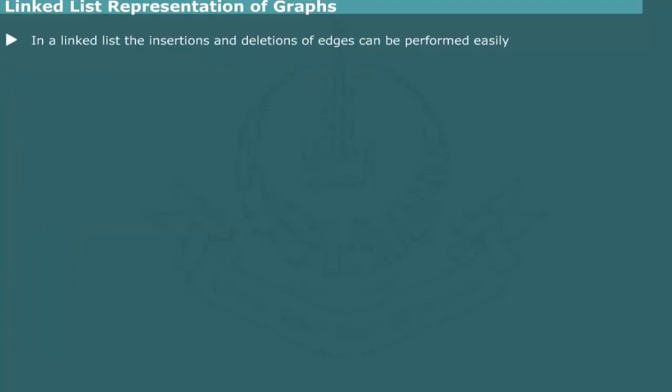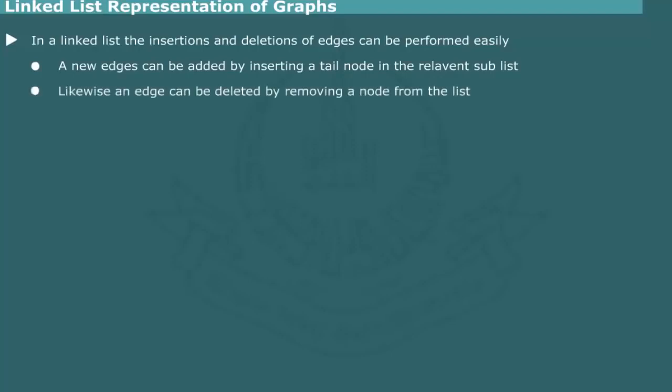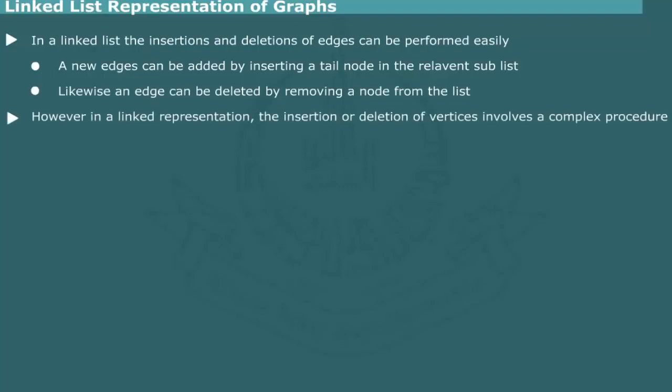The operations of insertion and deletion of edges can be easily performed on the linked list representation. A new edge can be added by inserting a tail node in the relevant linked list. An edge can be deleted by removing a node from the list. However, insertion or deletion of vertices is quite complex.